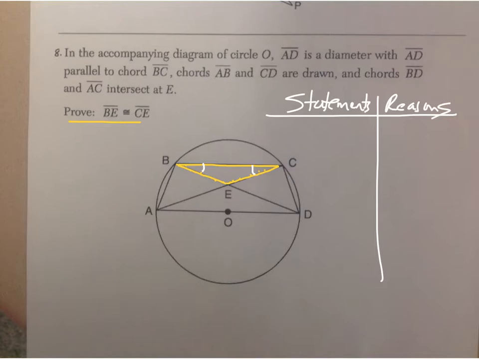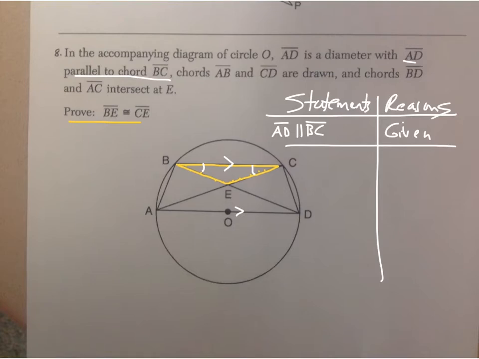So in the beginning it says that AD is parallel to BC. So we know that AD is parallel to BC, and that produces alternate interior angles that are congruent. But it also proves something else.